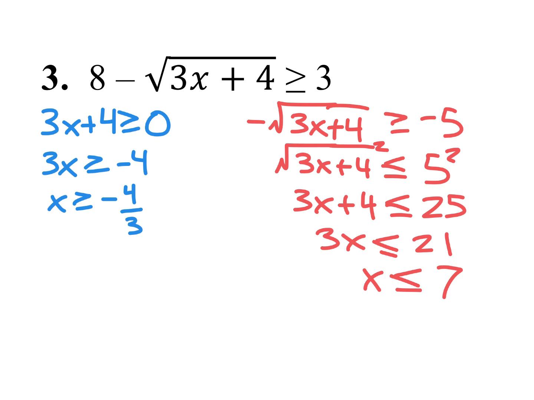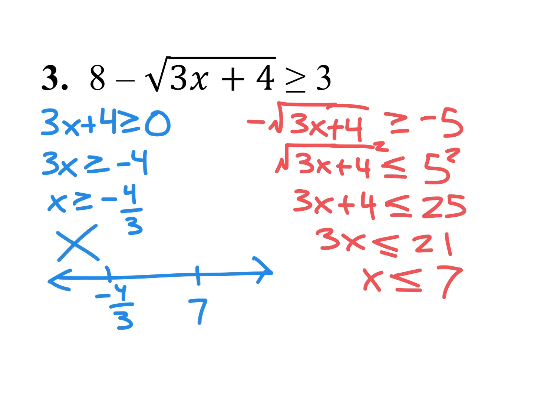All right, so now we make our number line. We always agree with the first statement and we double check the second statement. So I'm going to start with the right side.